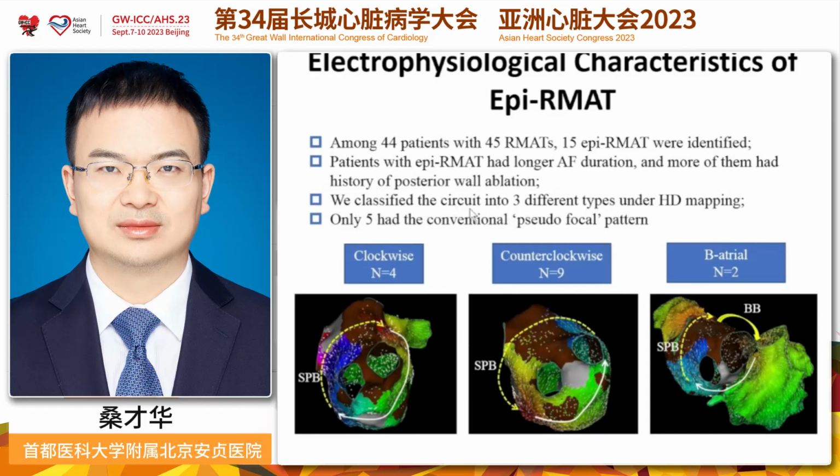We classified the circuit into 3 different types under high-density mapping. 5 patients had the conventional pseudo-focal pattern. From the right lateral view, we can say this is clockwise conduction. This one is counterclockwise. And this is bilateral tachycardia because he received extensive septal or anterior ablation.